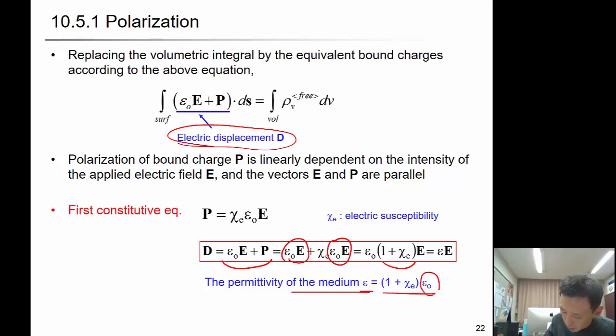And here epsilon naught is the electrical permittivity of free space, so without anything, like a vacuum.